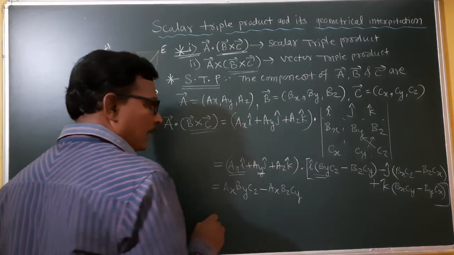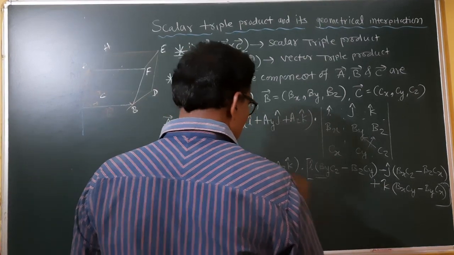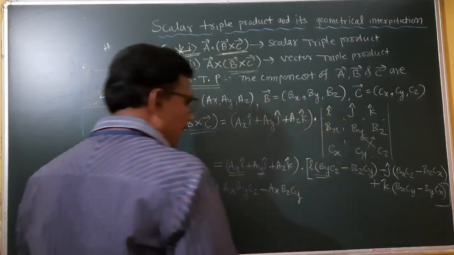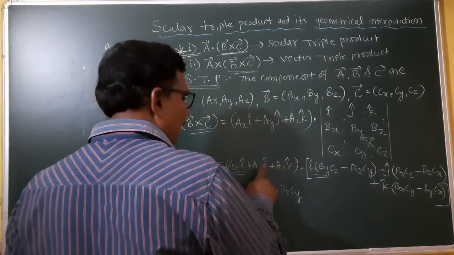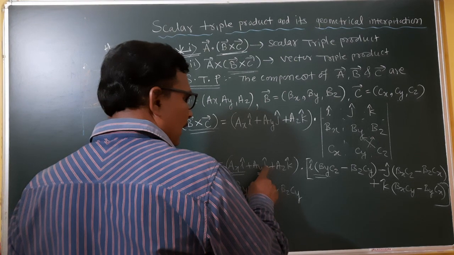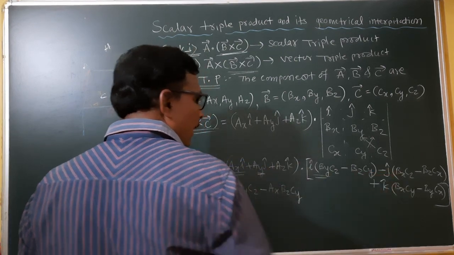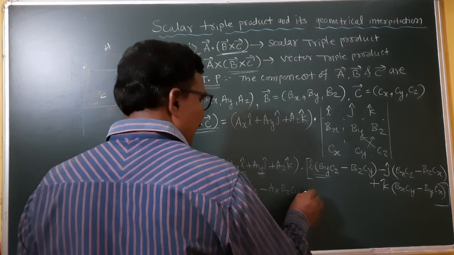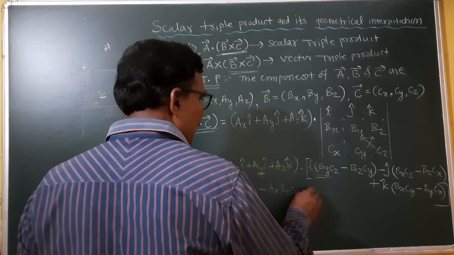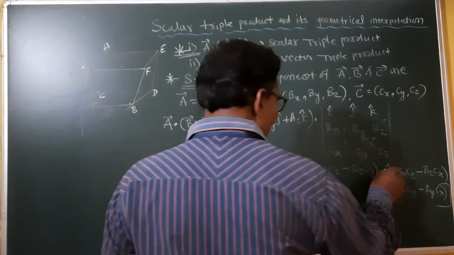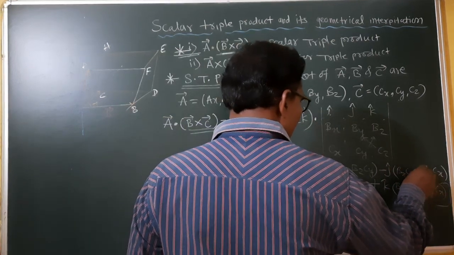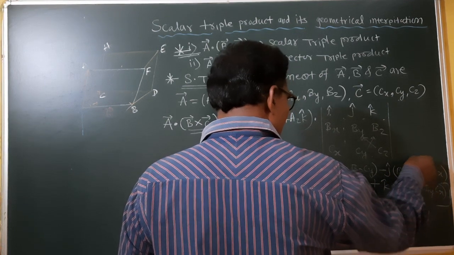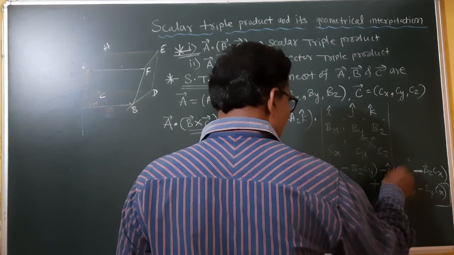Secondly, for the j component, the sign here is plus, and here the sign is minus. So j dot j is 1, and because here it is minus, we take the plus sign. The first term is this one and the other gets minus.